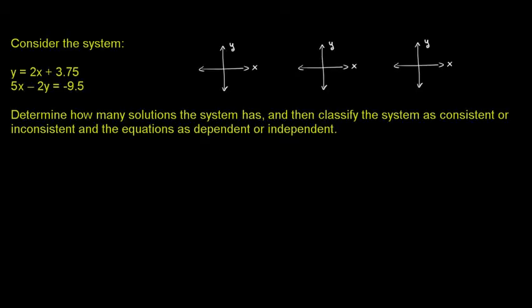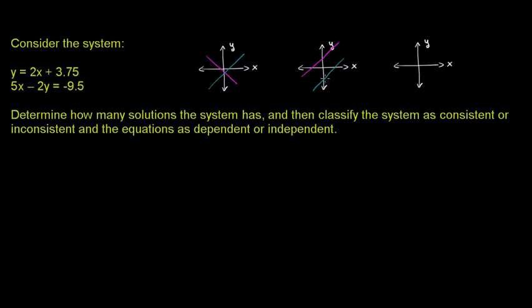So I could have one scenario where I have two lines in the two-dimensional coordinate plane, and they are two different lines, and they intersect in exactly one point. Then I could have two separate lines that never intersect, because they have the exact same slope but different y-intercepts.